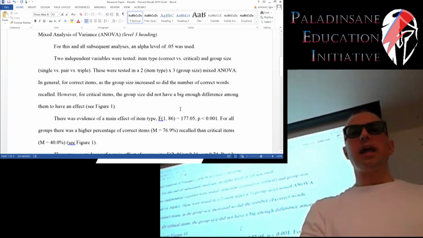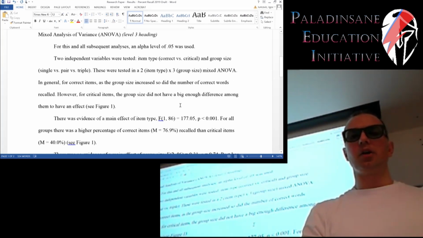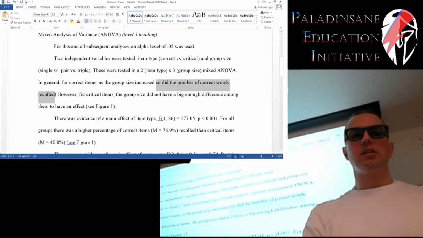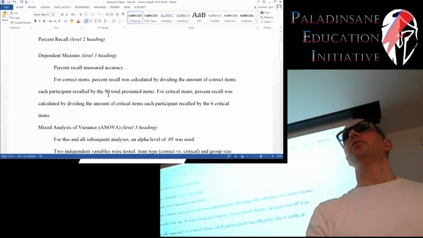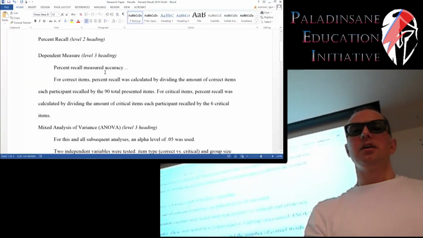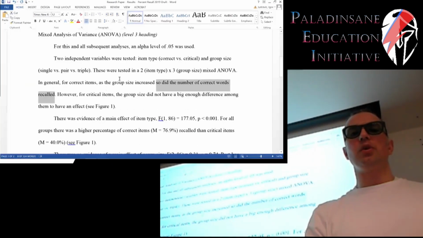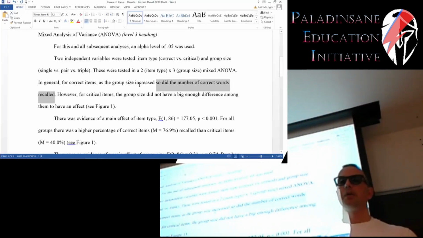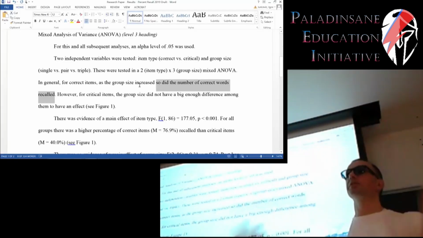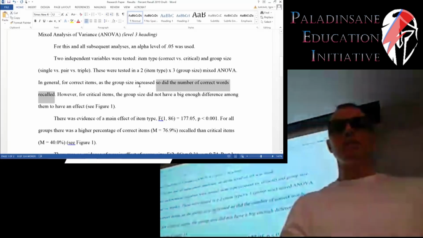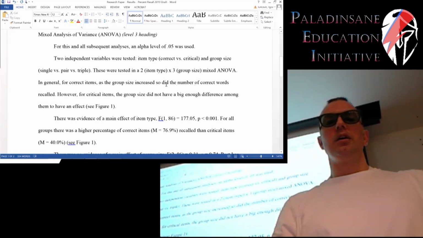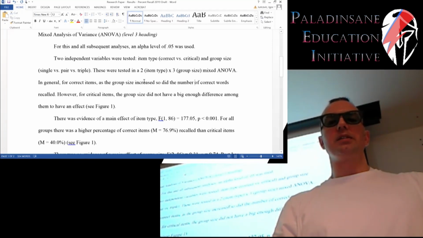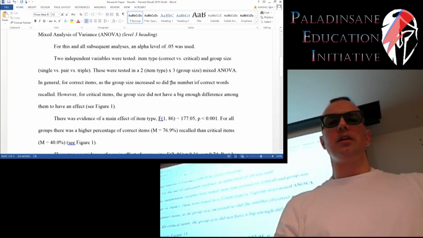And then the last thing that we can do to make this a little bit more straightforward is we just defined percent recall for the reader, so it's fresh in their minds. So the last thing we want to do here is we can use that term because we've just told them, hey, this is what percent recall is. So instead of the number of correct words recalled, we can say as group size increased, so did.